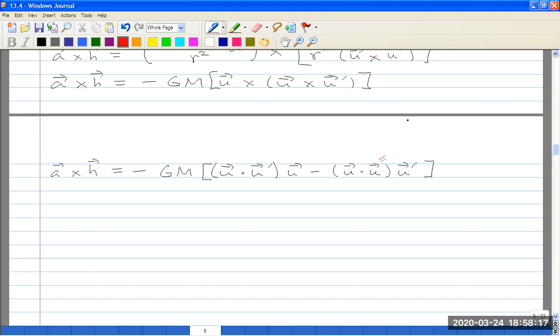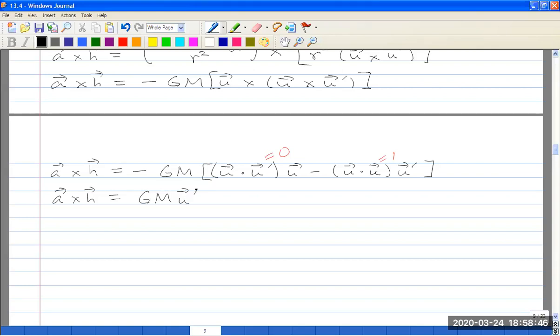Well, U dot U is 1, and U dot U prime is 0. And so this is equal to minus and minus, make that a plus, GM U prime.